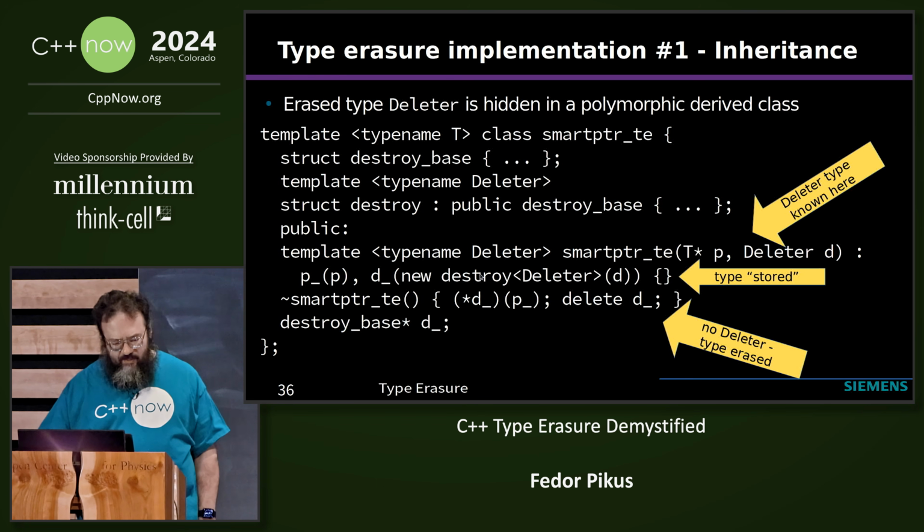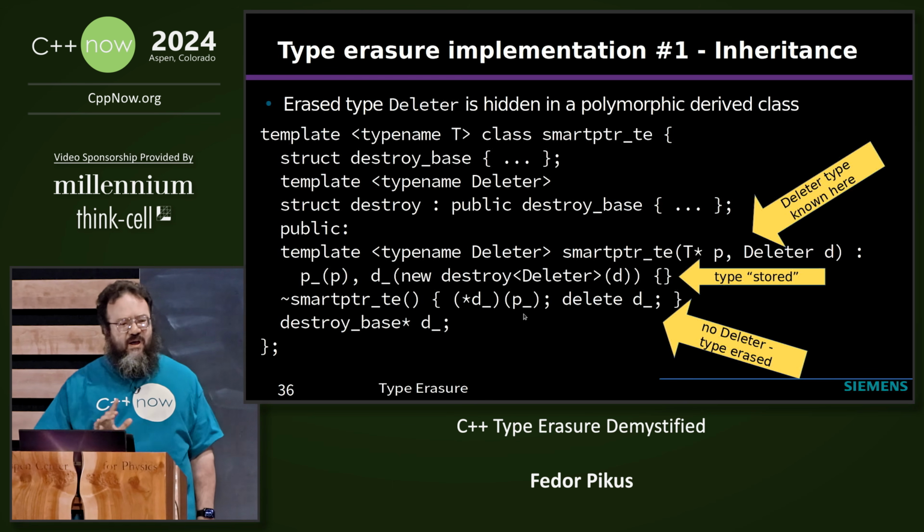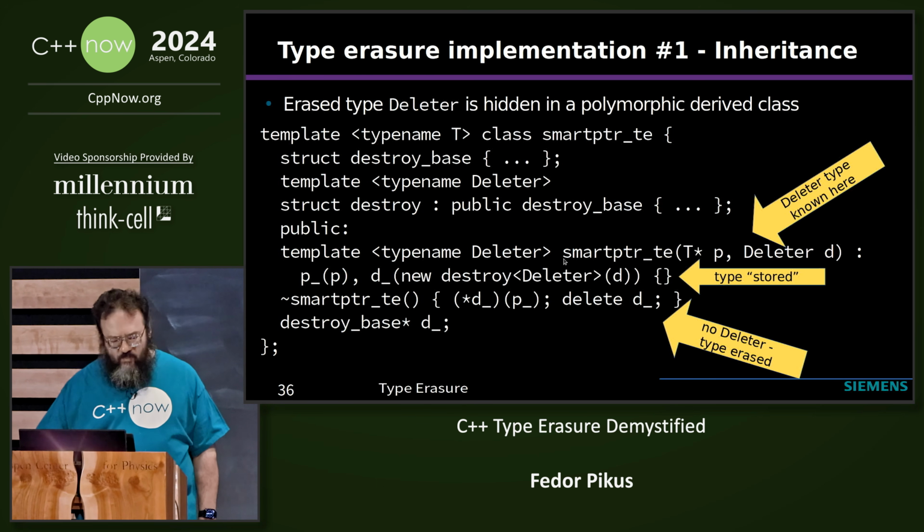The base class doesn't. As you can see, this is the last line in the code where the deleter type is explicitly visible. In the destructor, where I get to use it, I invoke this through the virtual function. The deleter type is not visible anywhere here, but the right action happens because the code that the compiler generated for the derived class knows what the deleter type is.